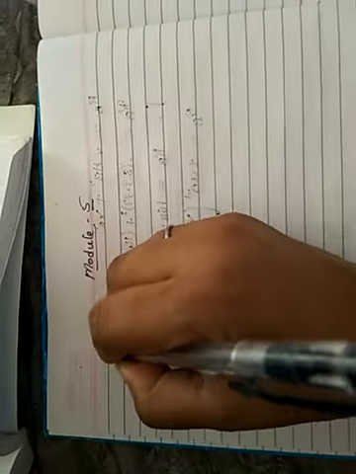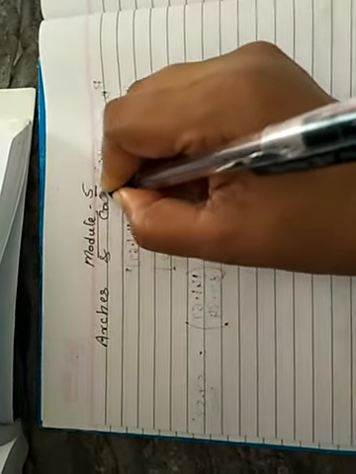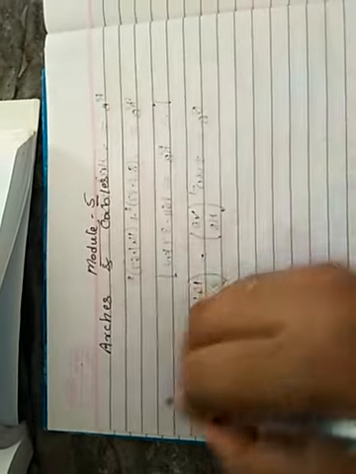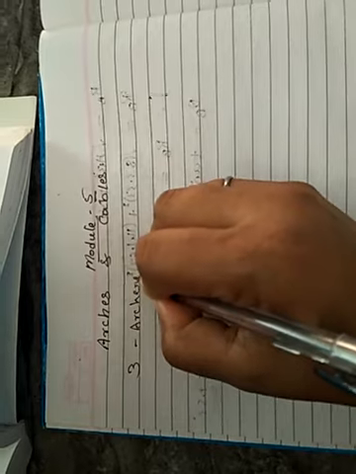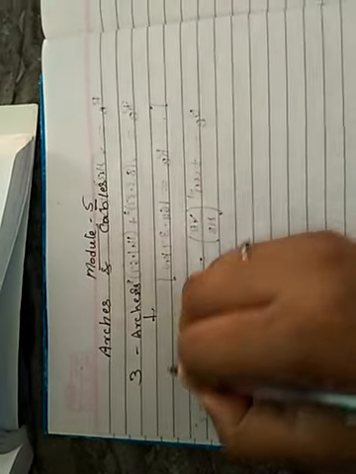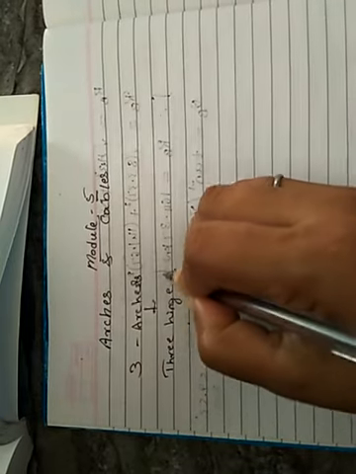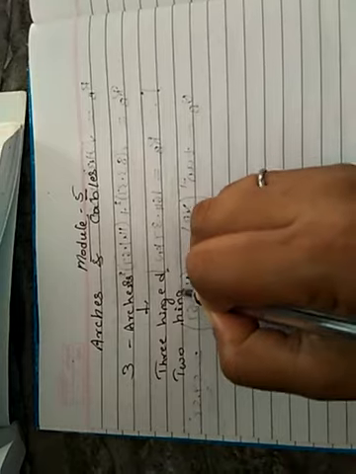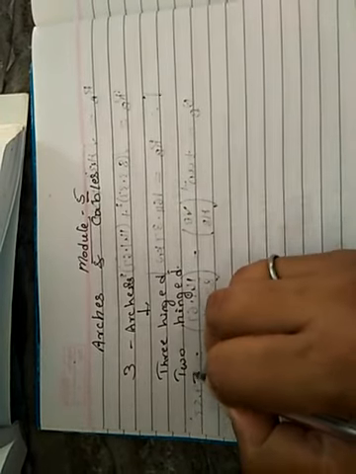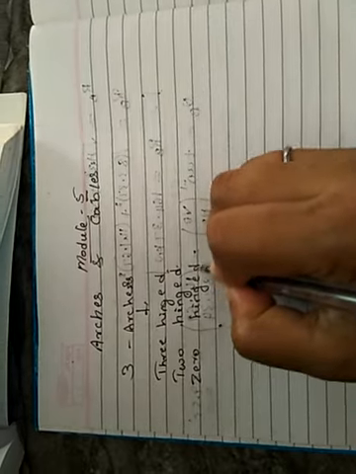The fifth module deals with arches and cables. In arches there are three types: one is the three hinged arch, the second one is the two hinged arch, and the last one is the zero hinged arch, which is also called the fixed one.